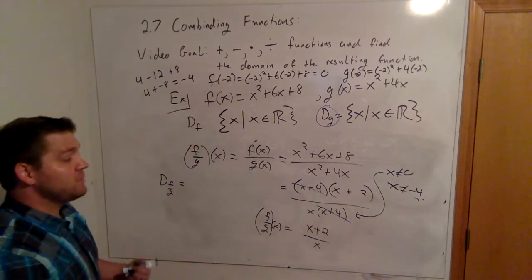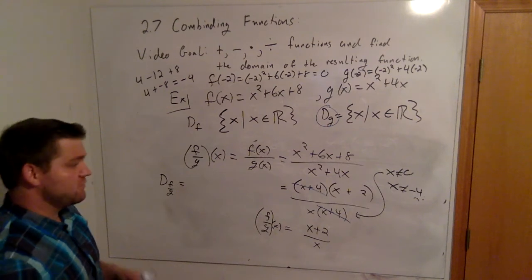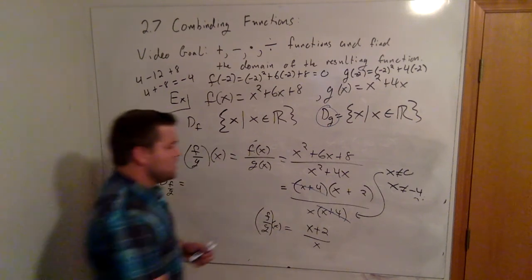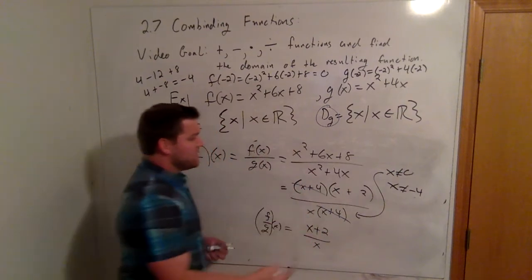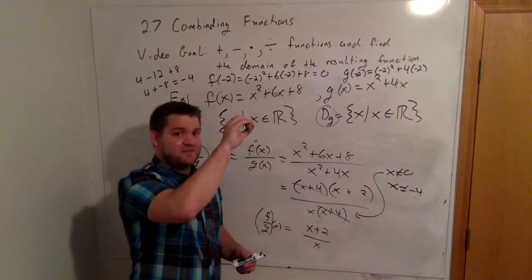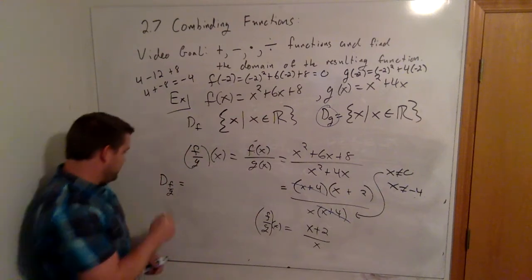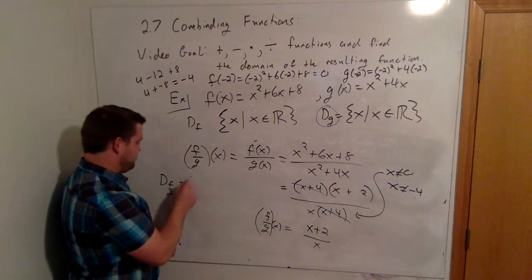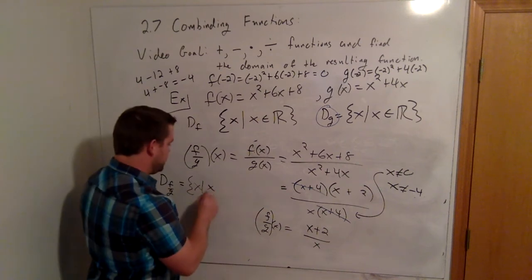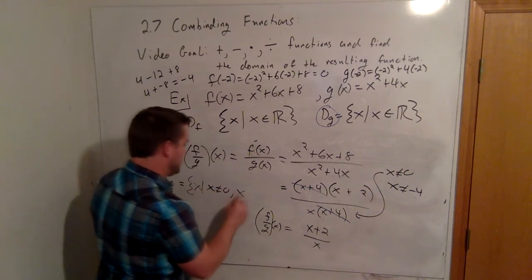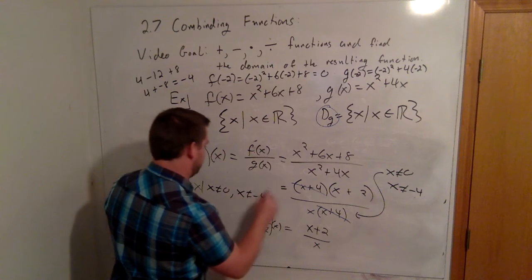You learn so much about indeterminate forms when you get to calculus. It's a very important idea to keep track of. Also, this is saying that for this rational function, there's a hole in the graph at -4. The function is not defined there. So the domain of f divided by g is going to be all x such that, well, it can be any real number, but x cannot be 0 and x cannot be equal to -4.